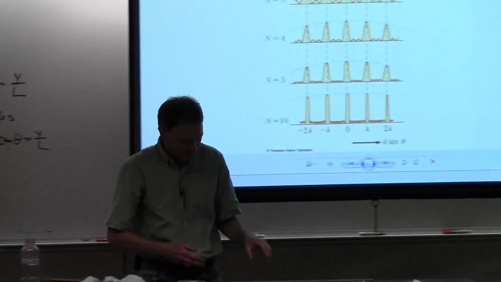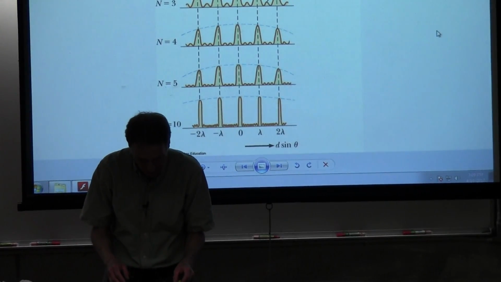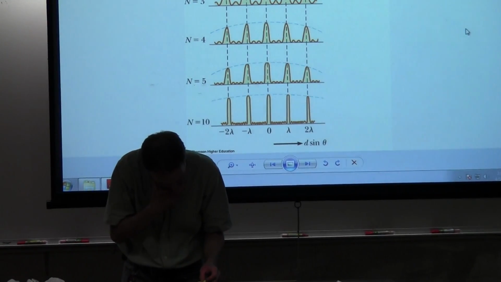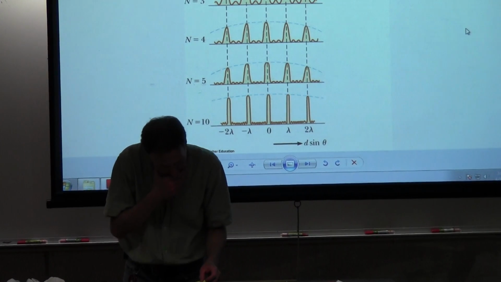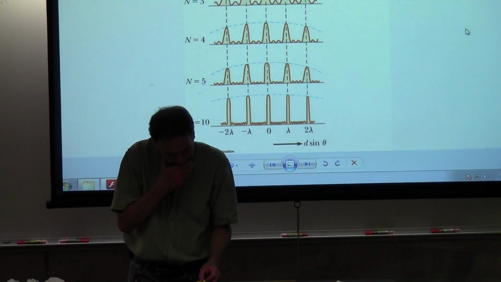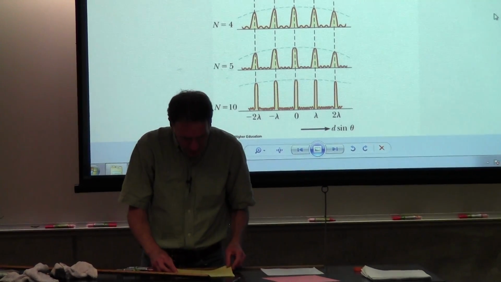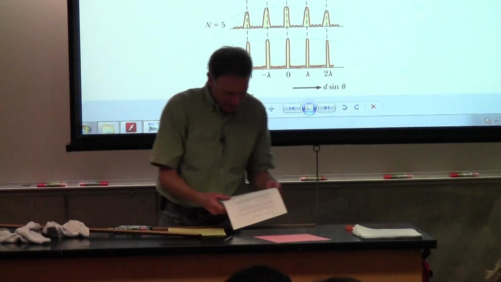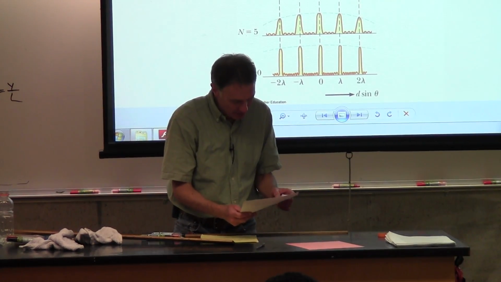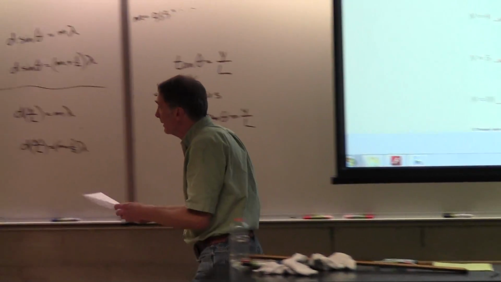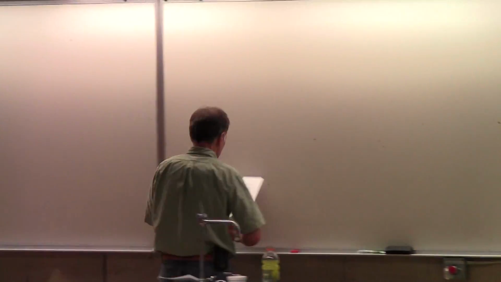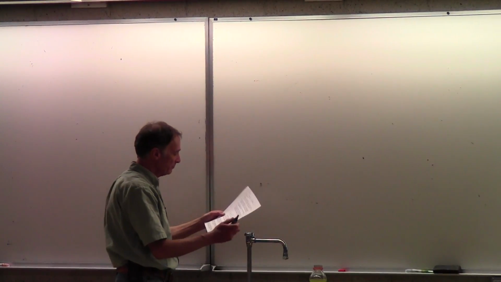If in doubt, do it right. Okay, looking at that, let's see. Okay, in fact, I think this might be good just to deal with some problems. How about number 3 on the practice problems?